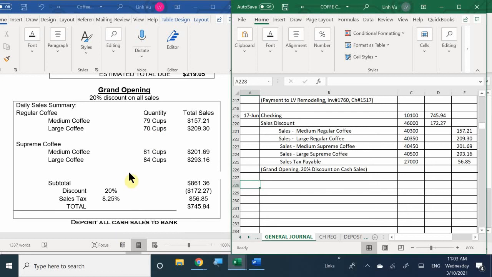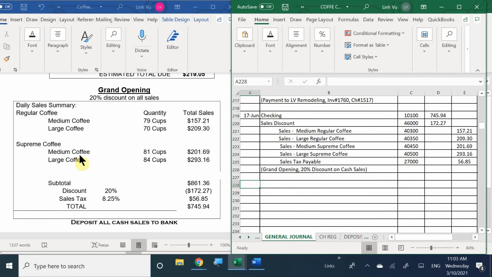Okay? So now we dealt with inventory, right? What kind of inventory was it? My coffee, the regular coffee and Supreme coffee. What tracking method did I use for this kind of coffee? Moving average.